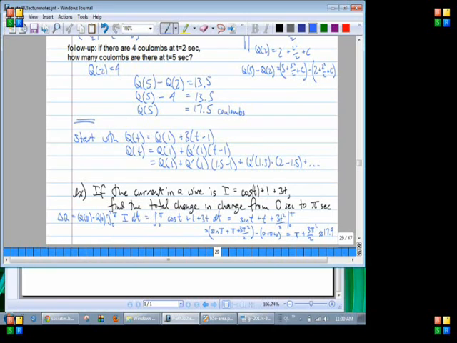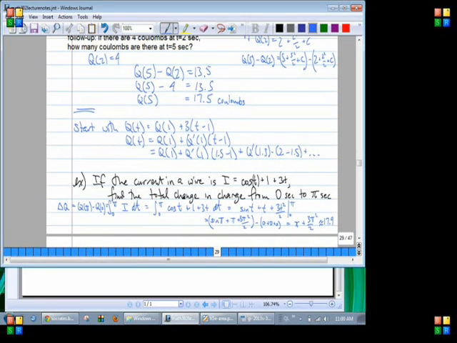About 17.9 coulombs. You got negative 17, so why did that happen?